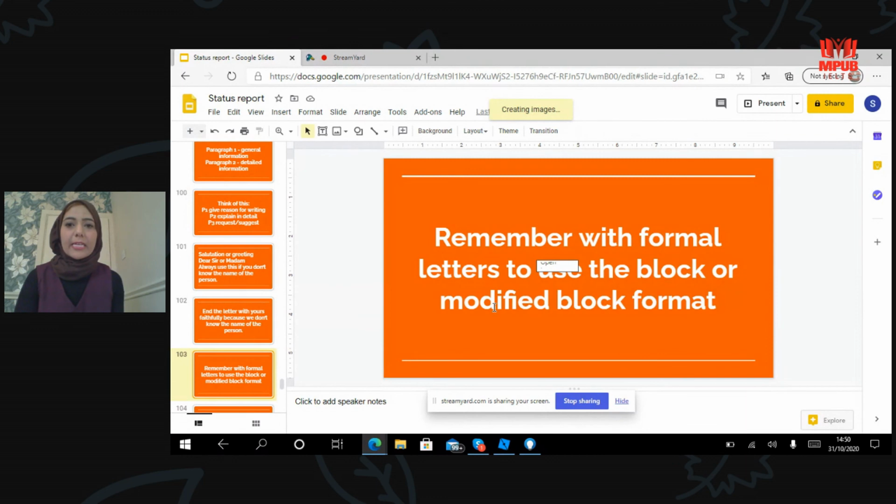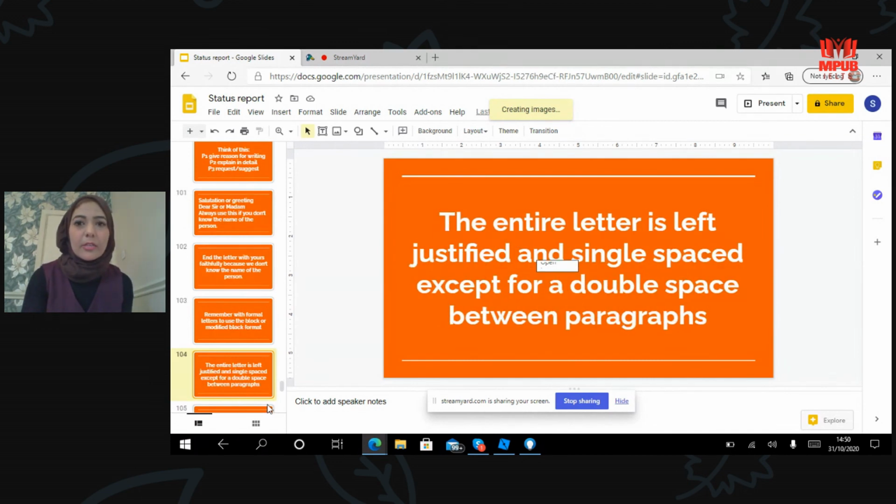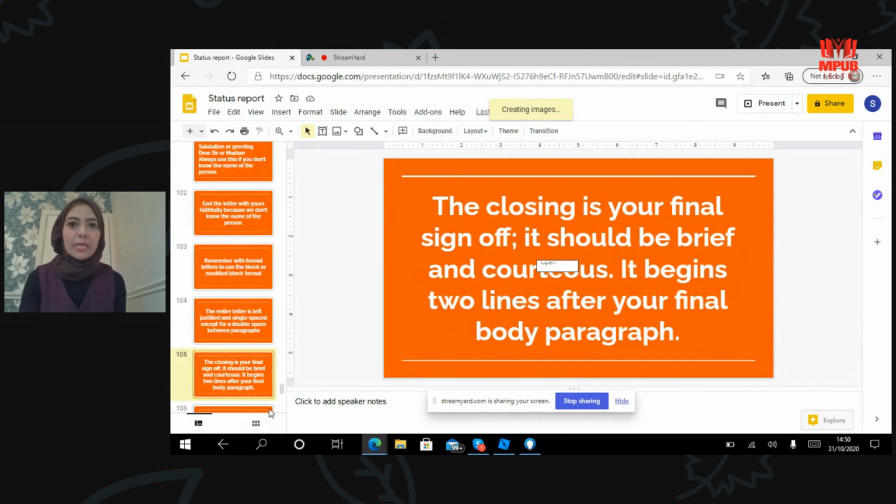Remember with formal letters to use the block or modified block format. So the entire letter is left justified and single spaced, except for a double space between the paragraphs. And the closing is your final sign off. It should be brief and courteous.